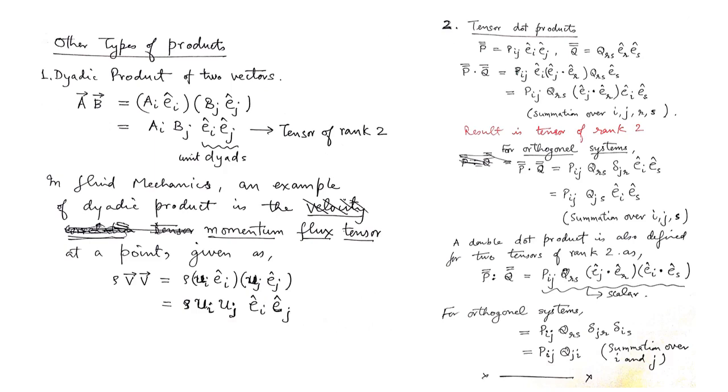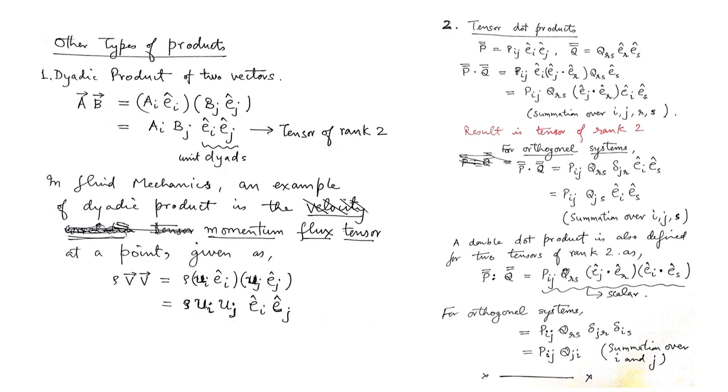Again, for orthogonal systems, you can replace these dot products of unit vectors by the Kronecker delta symbols, delta jr and delta is, and then for r equal to j and for s equal to i, you can simplify by simply replacing s by i and r by j. Otherwise the Kronecker delta just gives 0.